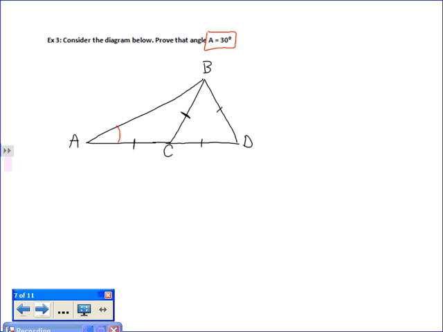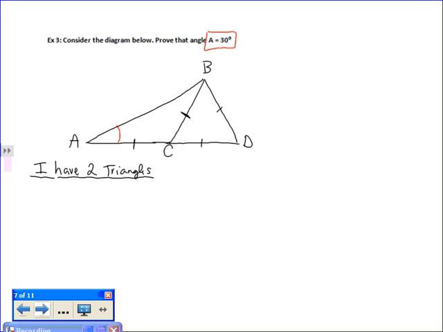So first of all, I recognize here that altogether I have one big triangle, triangle ABD, but inside I have 2 triangles. Let's go ahead and split those 2 triangles up.